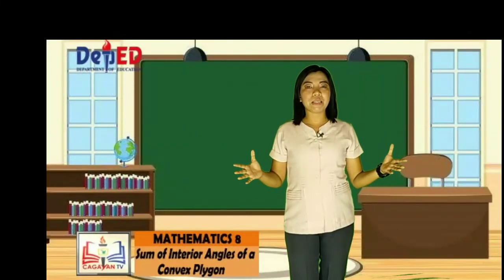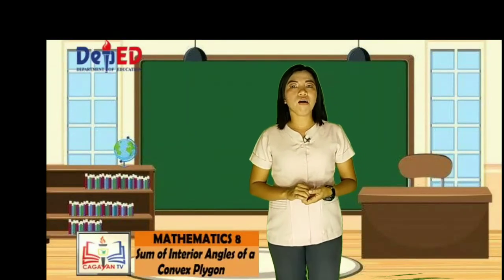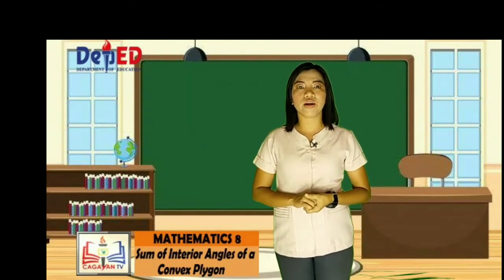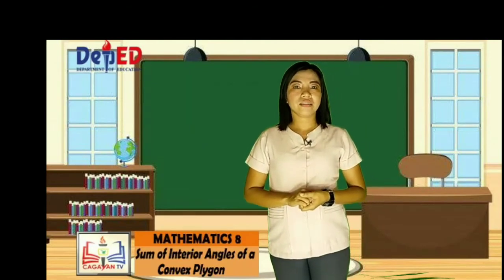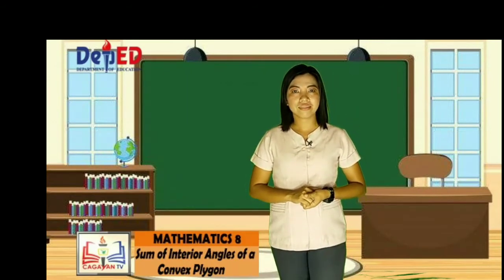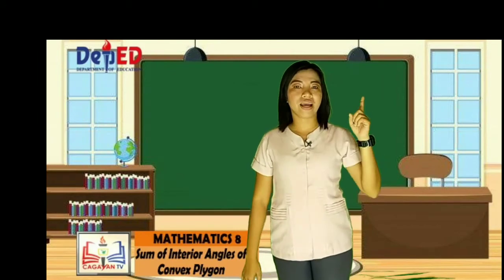What if the problem is, given its sum of the interior angles of a regular polygon and you solve for the number of sides, can you still use the formula? Yes, that's right. You can still use it.